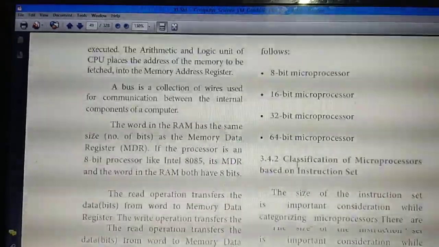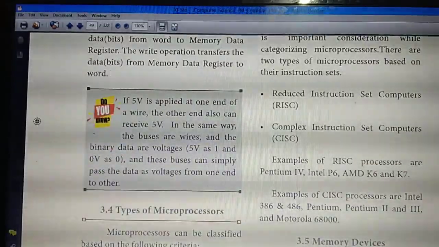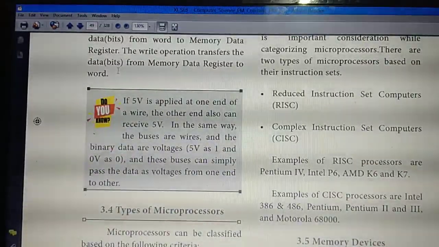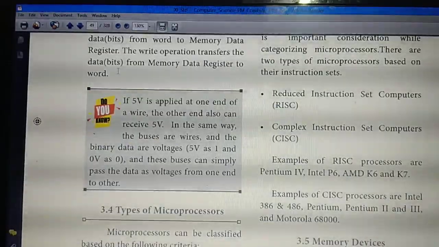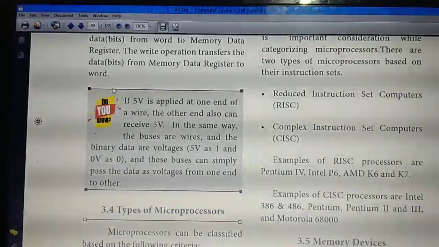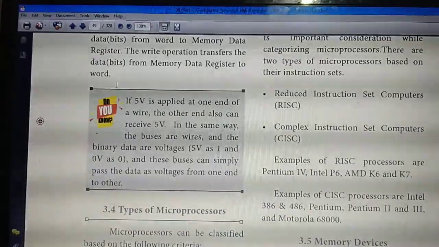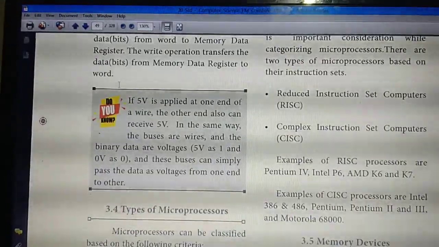From here to next page, from memory data register to word, up to here. So second question, this is also very, very important.